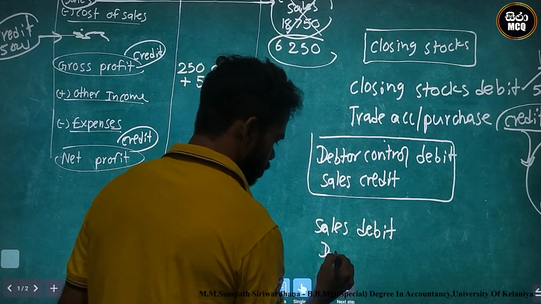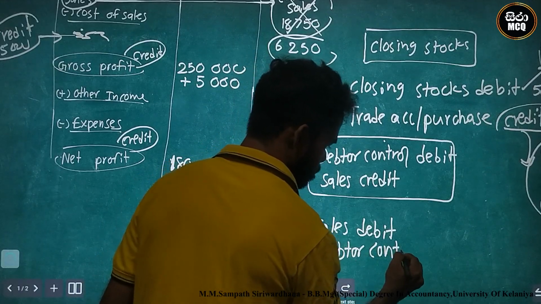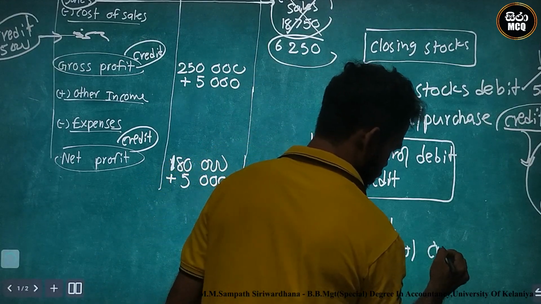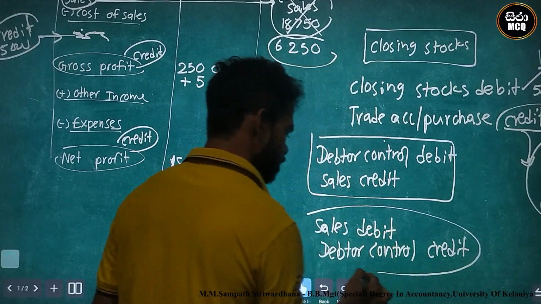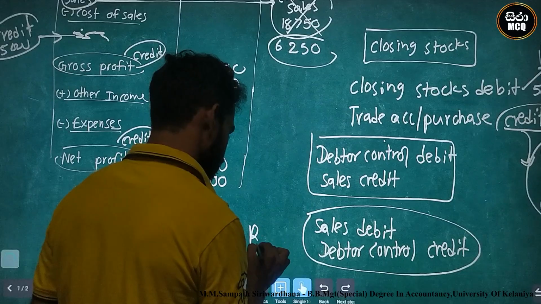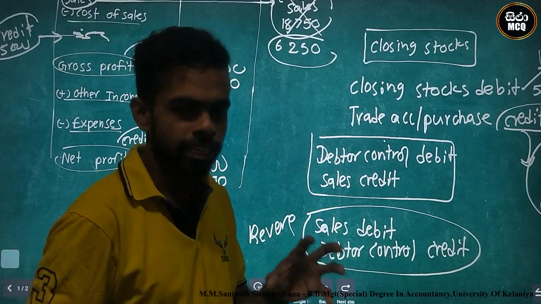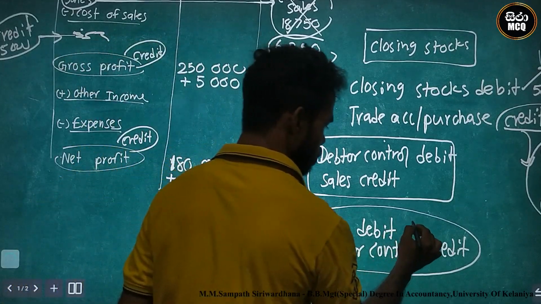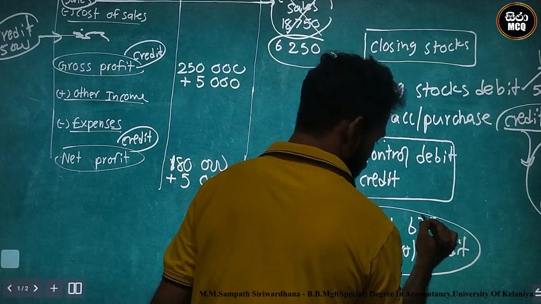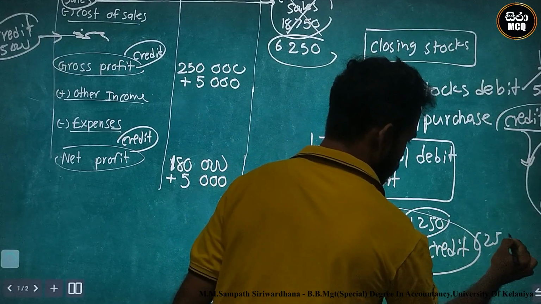And debtor control credit. This is the reverse of this. Reverse means error correction. What is the error correction amount? 6,250. You must be corrected.